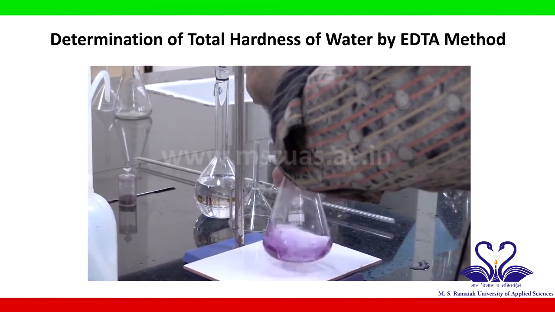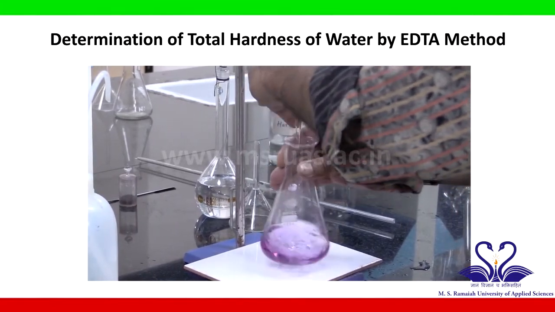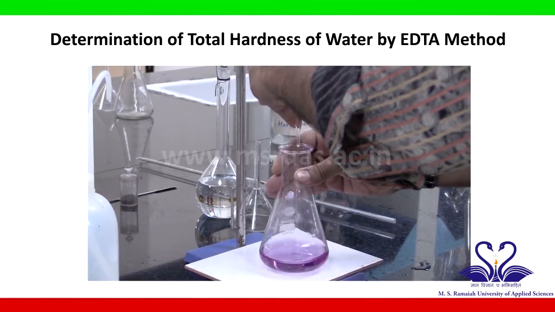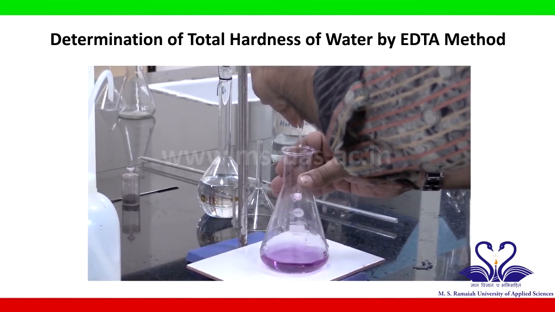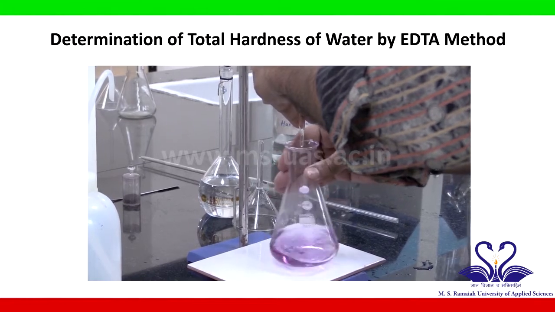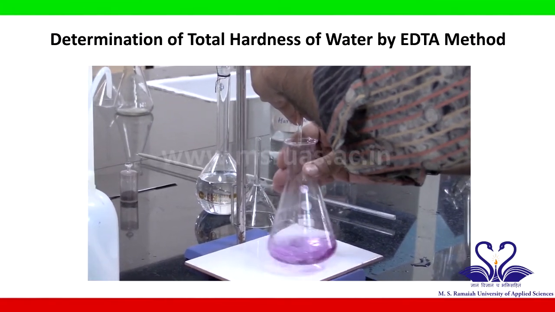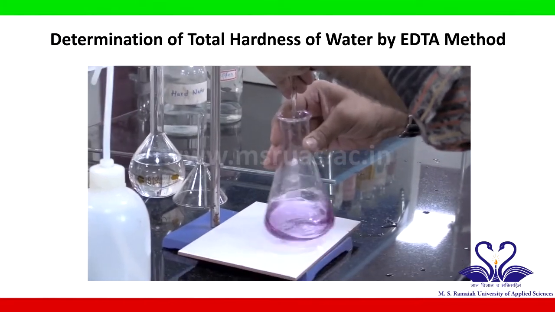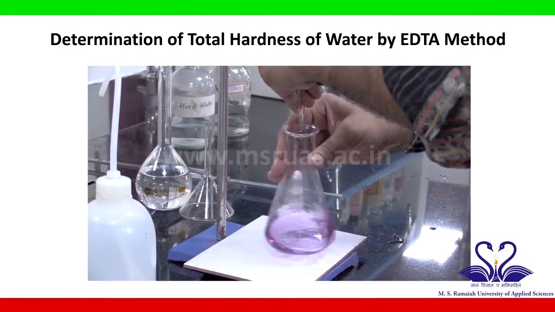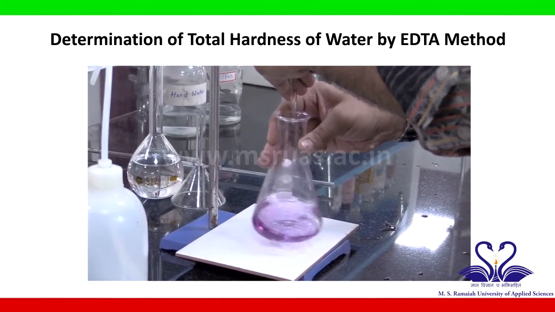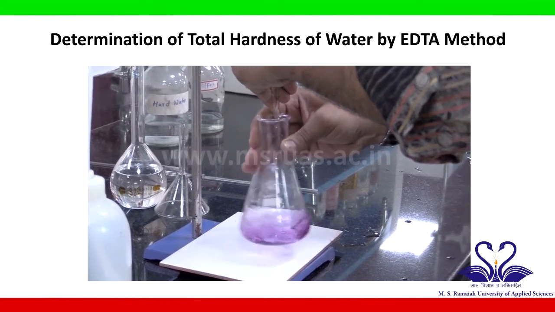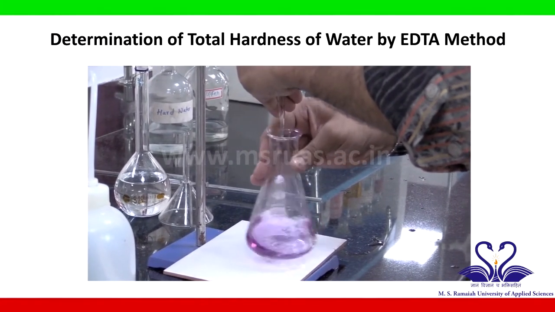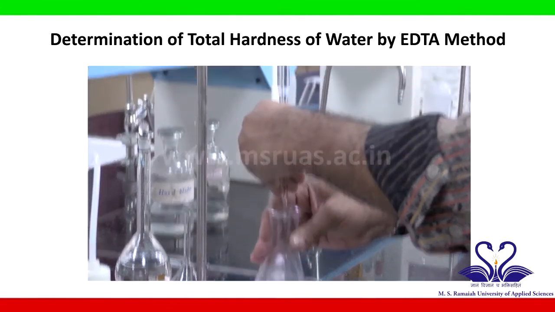Now you can see the color is changing, it's decreasing slowly. The first trial you can do a little bit faster, but the next trials you have to do very carefully and slowly, since you know the end point.